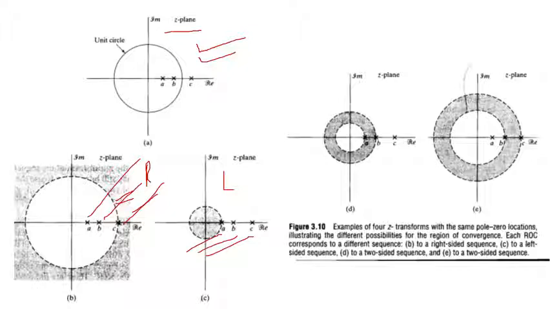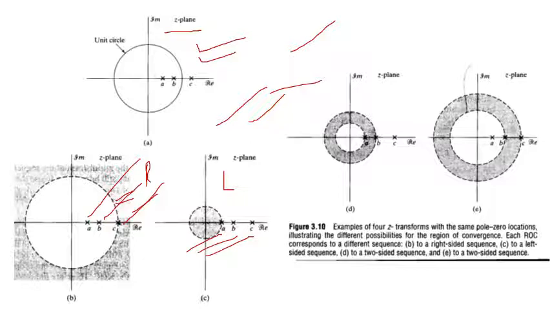Now in case of two-sided, if A is right-sided, B is right-sided, and C is left-sided, the overlapping appears between A and B. Likewise, here I can draw it for you.